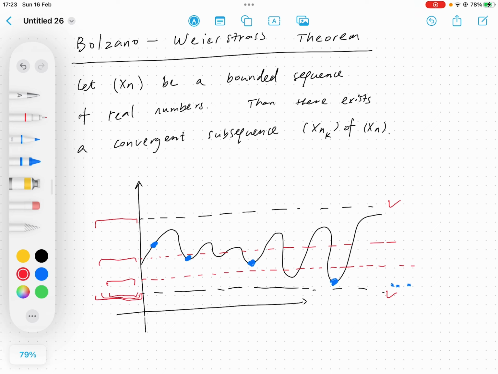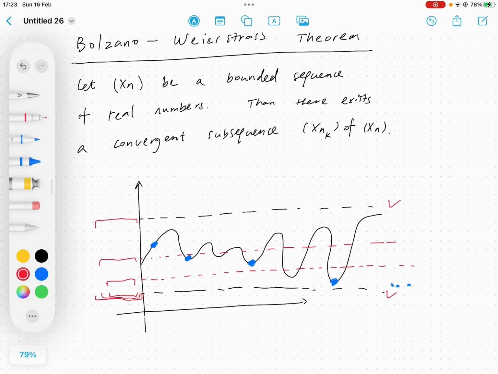So we have collected some points, those blue dots, from the black sequence, and we keep them in the original order. We can see that this sequence has to converge to somewhere. That's the intuition of this theorem.